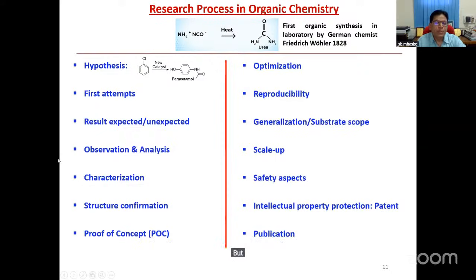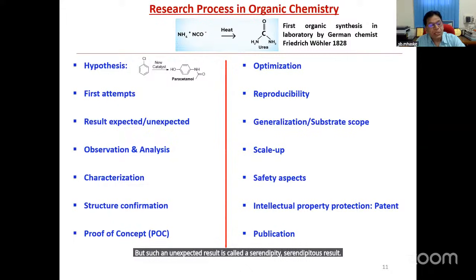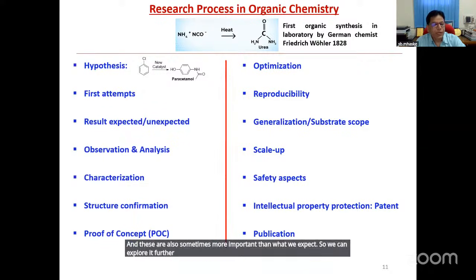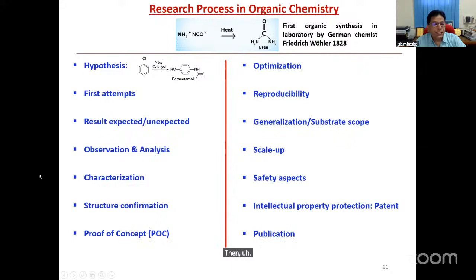Such an unexpected result is called a serendipitous result, and these are sometimes more important than what we expect. So we can explore it further and report it, and file a patent if it is totally new. Then this observation and analysis while doing the reactions is very important.